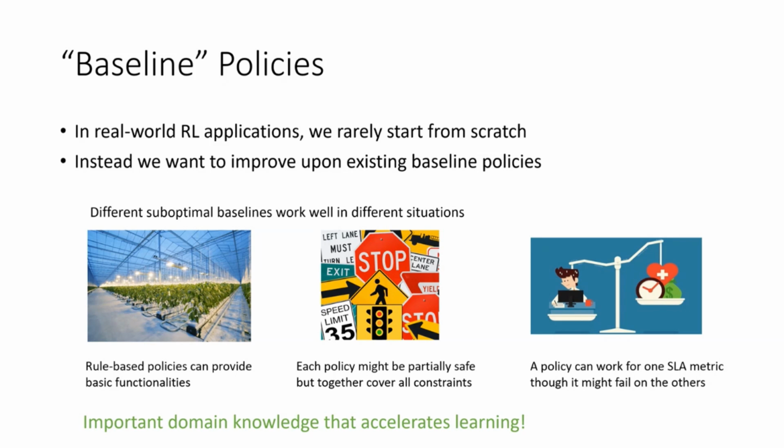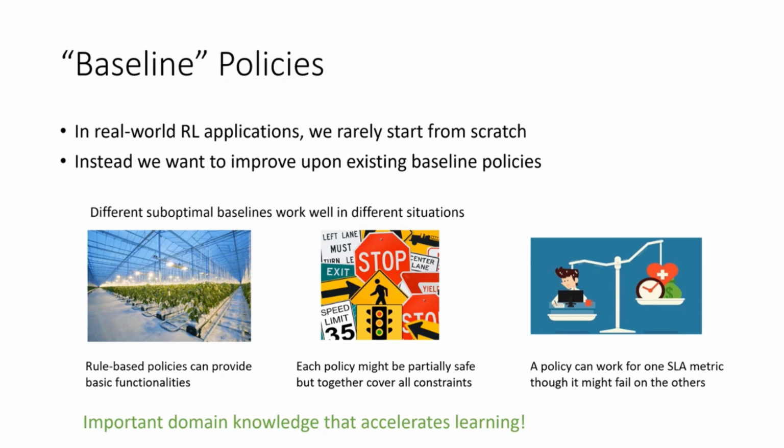Similarly, in the scheduling type example I talked about before, what we often have is a number of quality of service type agreements that we provide to the customers, and we need to perform well on all those metrics. And again, it's often easy to do well on an individual metric, but not on their entire combination.